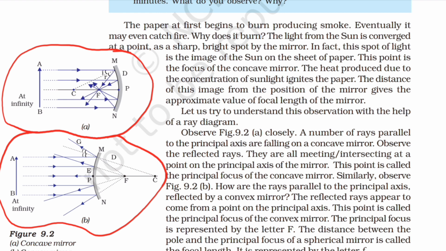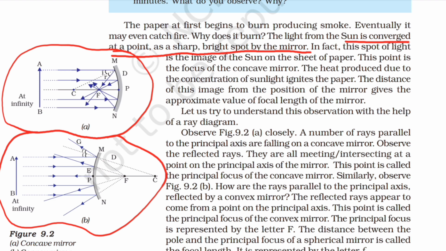The paper first begins to burn, producing smoke, and eventually may even catch fire. Why does it burn? The light from the sun is converged at a point as a sharp bright spot by the mirror. This is very, very important.